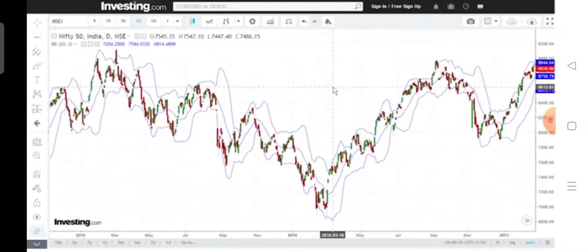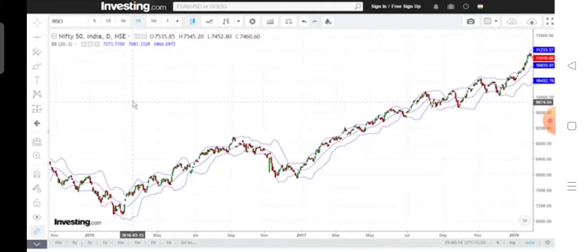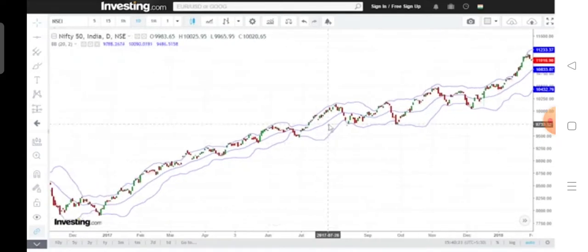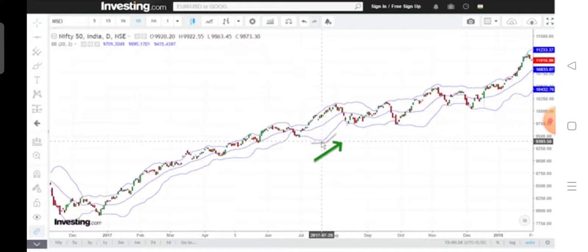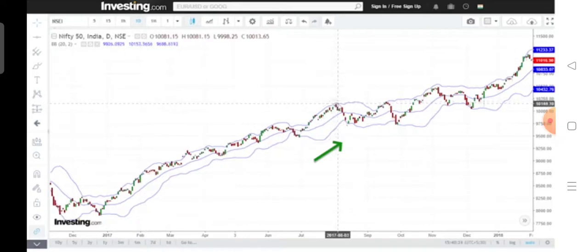Now one important point to understand regarding a move in a Bollinger Band is that if we find there has been a sharp up move and then the lower Bollinger Band turns away, and then the upper Bollinger Band also starts tilting, that is the point where the market actually stops and there is a small price correction after that.